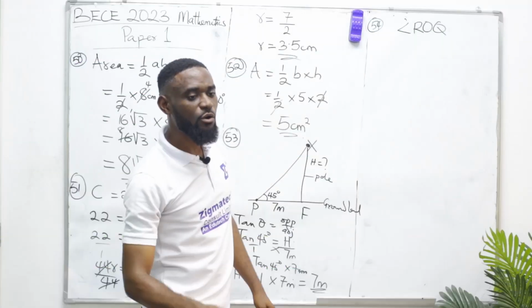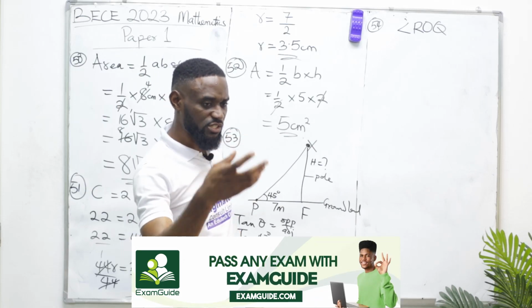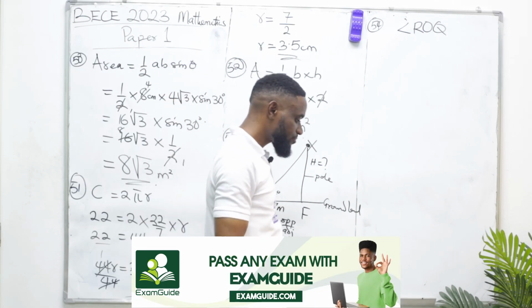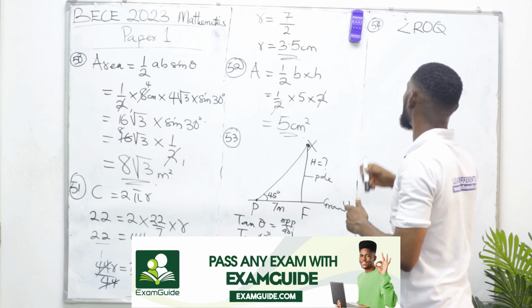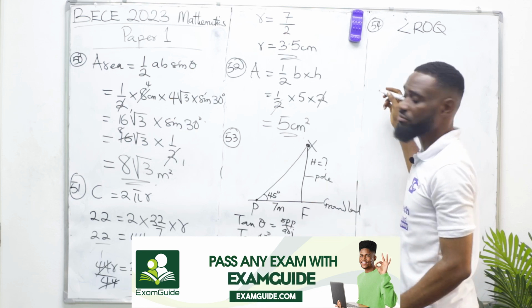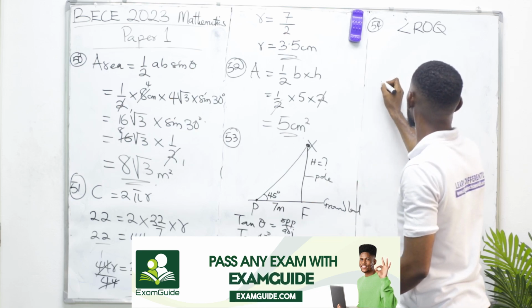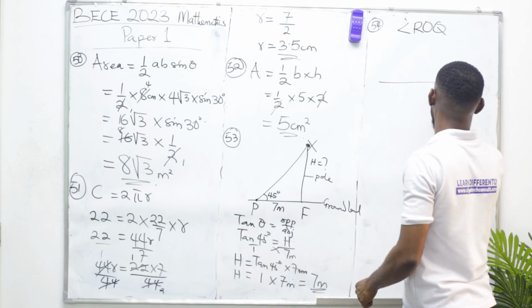So, angle ROQ, from what we have on the screen, okay, I think it is better I draw this on the board so that you have a better understanding when I explain it. Okay, let's have this. This is what we have there.